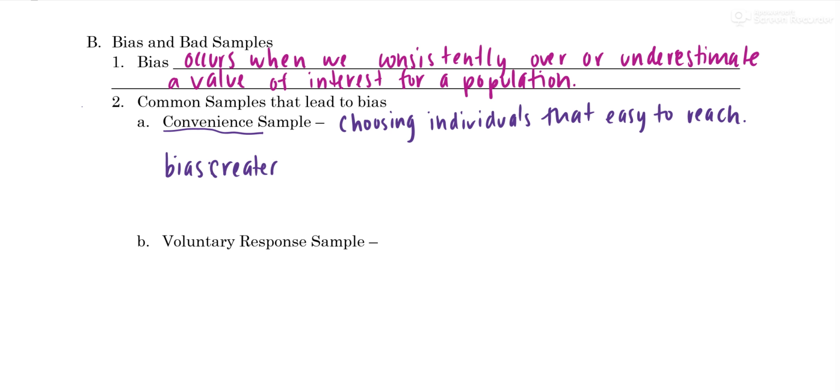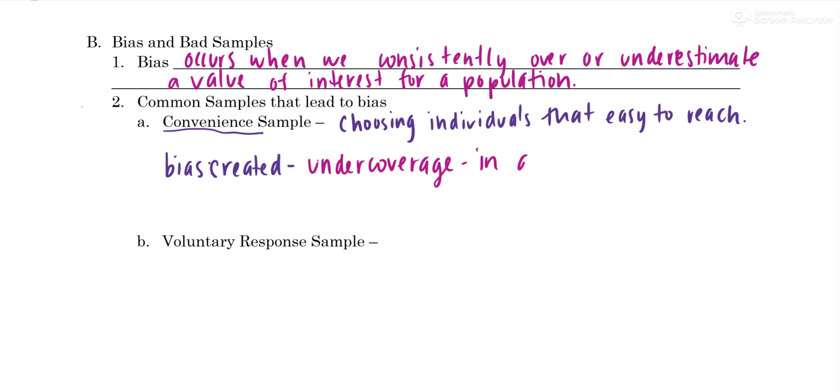And the type of bias that has been created by taking a convenience sample is something called undercoverage. And undercoverage, again, sort of is what it sounds like. Undercoverage bias means that you are not covering every group that should be representative of the whole population.